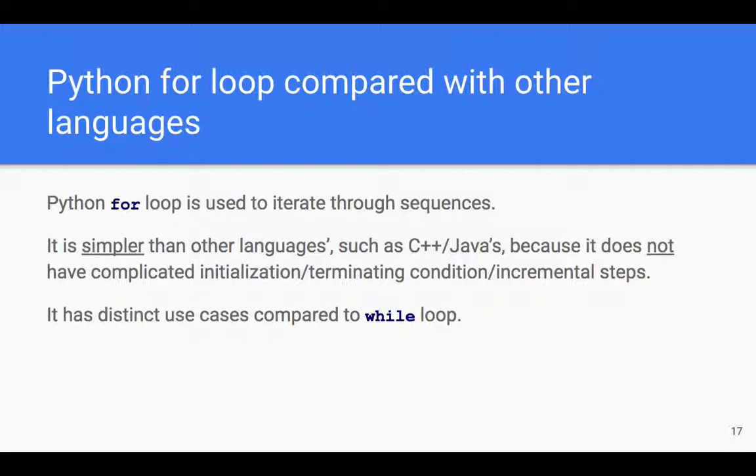In those other languages, there is this complicated initialization step, a terminating condition, and between each iteration, there's this incremental step. So the Python for loop has none of that. It's just used to iterate through a sequence. So it's fairly simple and straightforward. And the Python for loop has a very distinct use case compared to the while loop, which we'll study in a bit. Okay, I believe, yes, this is truly the end of this video.